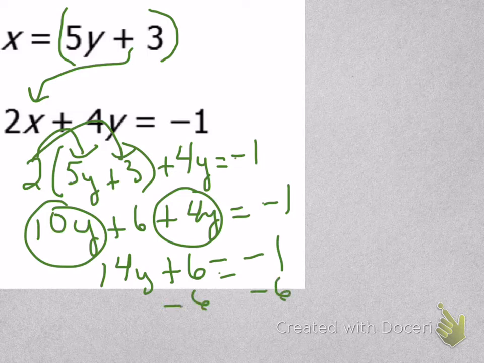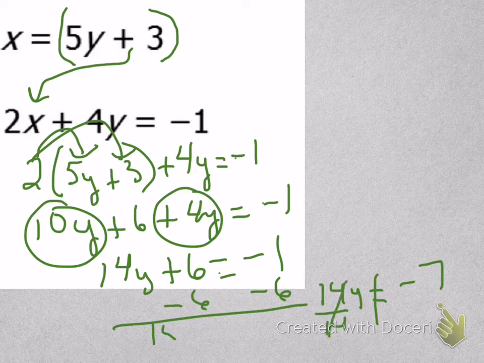Minus 6, so 14y equals negative 7. Divided by 14, divided by 14. So negative 7/14 is negative 1/2. So y equals negative 1/2. So now I'm going to plug in negative 1/2 for the y in the first equation.